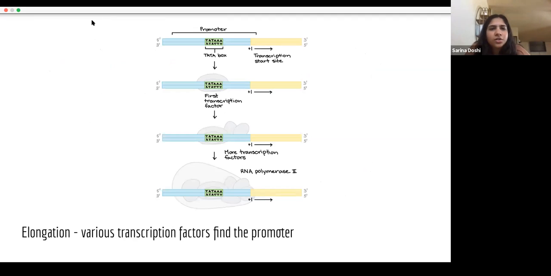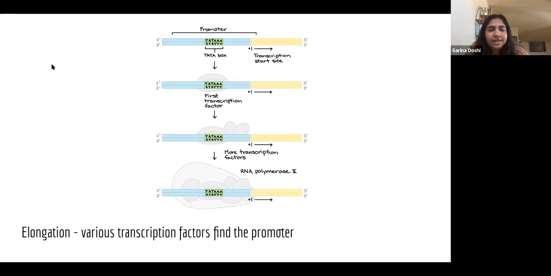Okay, so here we have a whole bunch of different steps, and this is really important because none of the other images showed you all of the proteins and enzymes that actually go into transcription. So you have a whole bunch of transcription factors. We talked a bit last week about inhibitors and activators. Some of these transcription factors are inhibitors, some of them are activators.